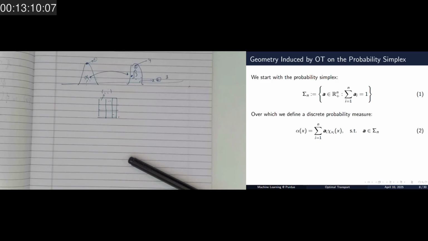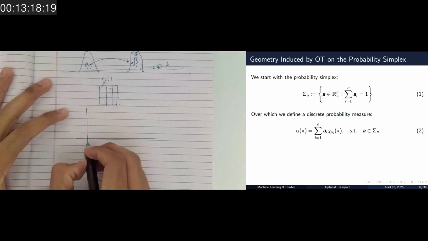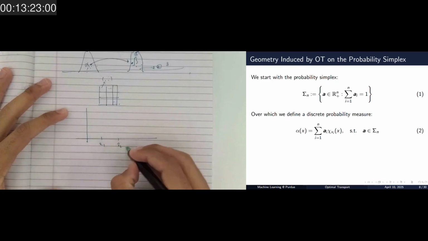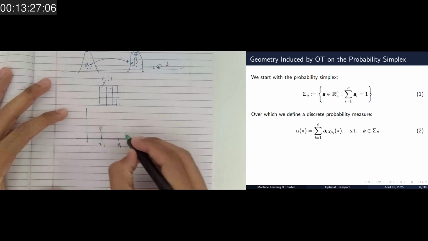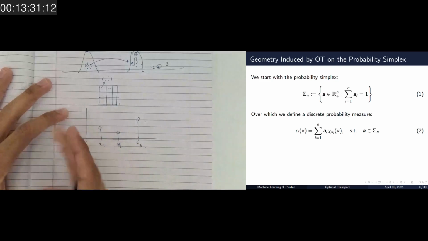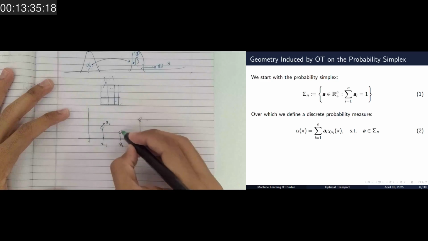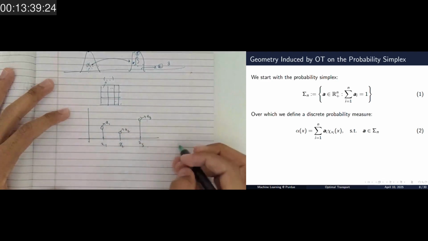You define over this a discrete probability measure. Alpha x is basically, if I have a histogram, that is one way to think about it. I have positions x1, x2, and x3, and the amount of mass at those positions creates the histogram. So this will be A1, A2, and A3.